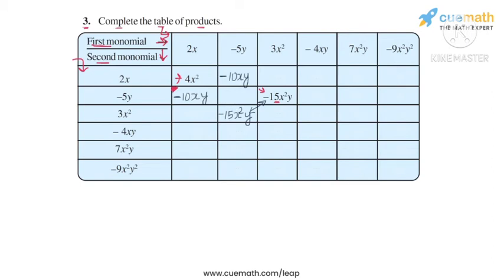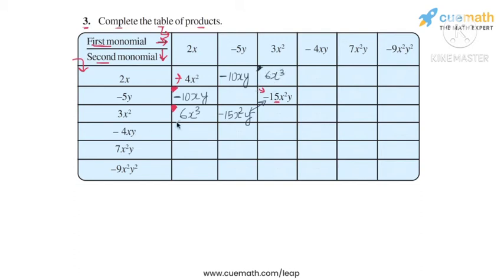Now let's come to this cell here, which is 2x into 3x square. This product will be 6x cube, because 2 into 3 is 6 and x into x square is x cube, and the same product will go here also, 3x square into 2x. So this will also be 6x cube.